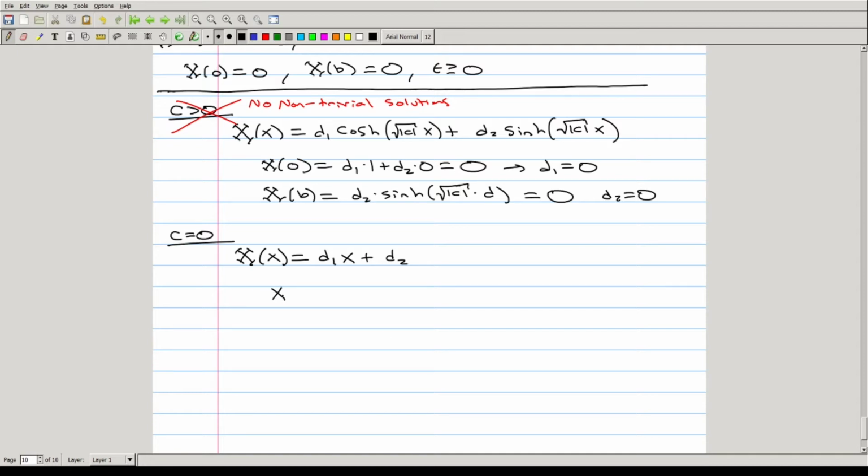And again, when we go to satisfy our boundary conditions, x of 0 is just d2, which implies d2 would have to equal 0. And x at d, because the length of the bar, will be d1 times d, and d2 is 0, so the only way of making this equal to 0 is, again, if d1 and d2 are both equal to 0, just like in the previous case.